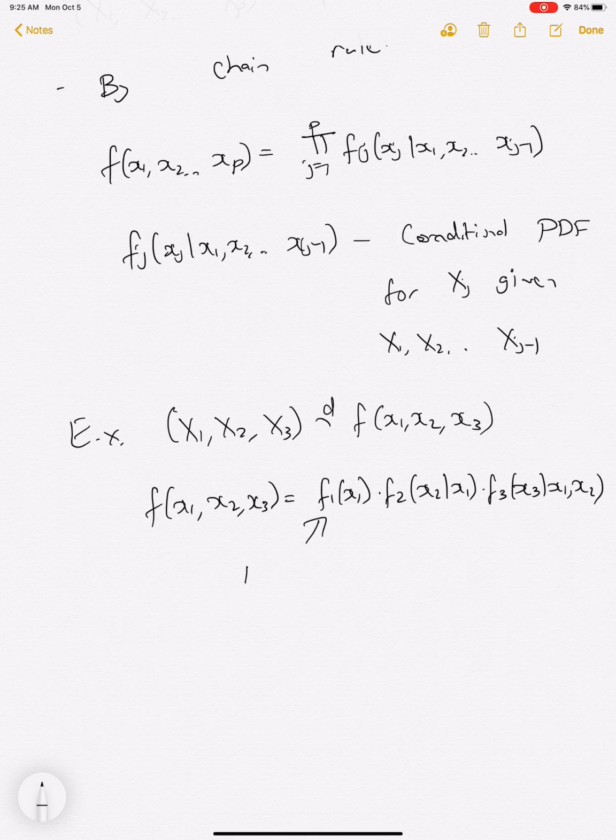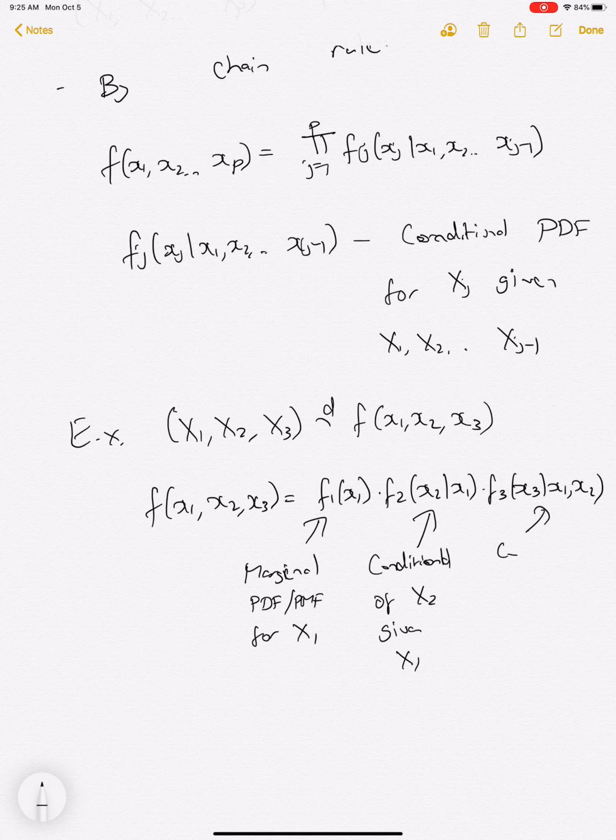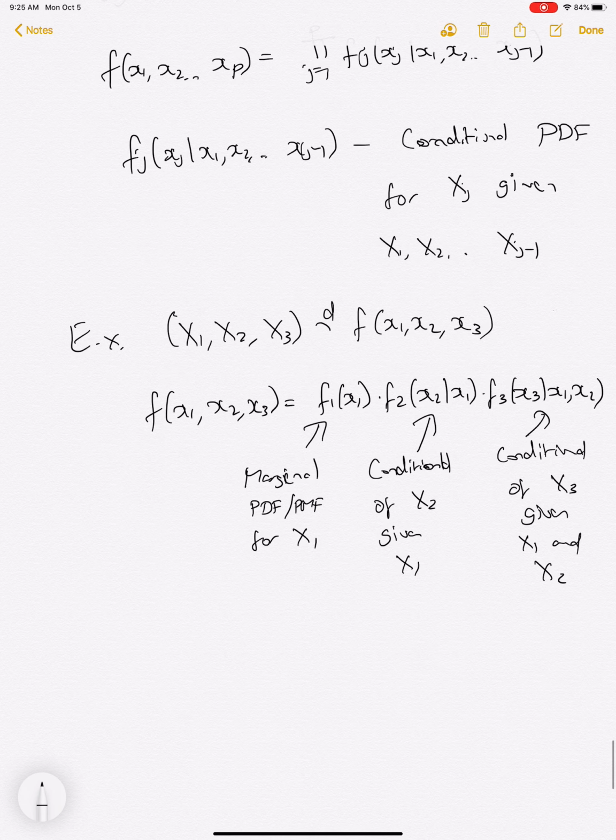This is just the marginal PDF or PMF for x1. This is the conditional of x2 given x1. And this is the conditional of x3 given x1 and x2. And this is just referred to as the chain rule.